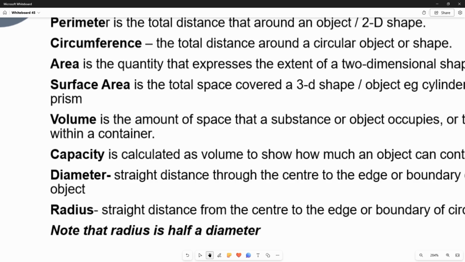So these terms are not all the terms we use, but these are the most important, which you as a grade 12 learner need to master before you go to the exam. Now, so far, so good for the terms. So we can have questions where we say, define the following: perimeter and circumference, area and surface area, volume and capacity, radius and diameter.